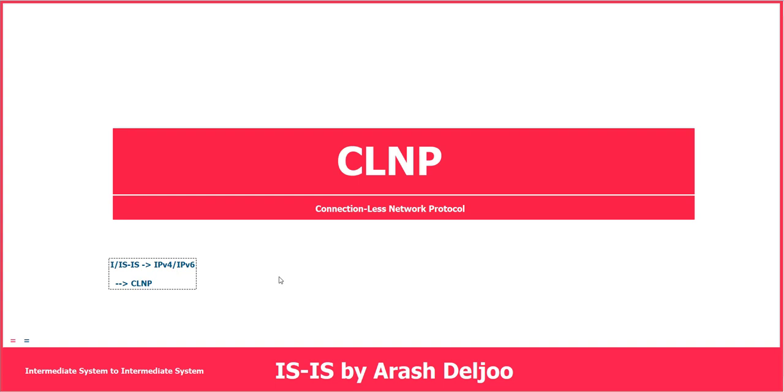It doesn't have any importance that we can understand at this time. Now we only should know that the reason we should learn CLNP is that integrated ISIS is using CLNP for building the topology. After that, in the future videos, we will learn why we need the CLNP addresses practically.